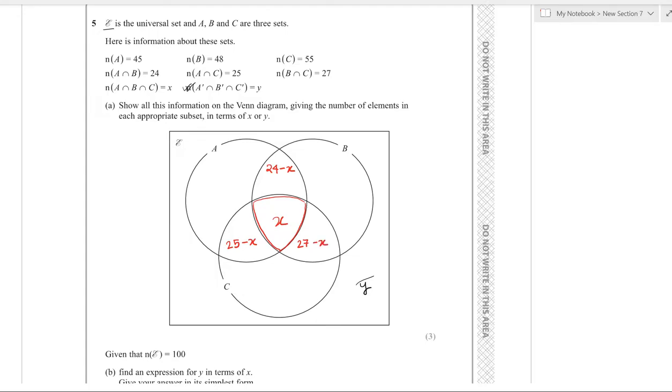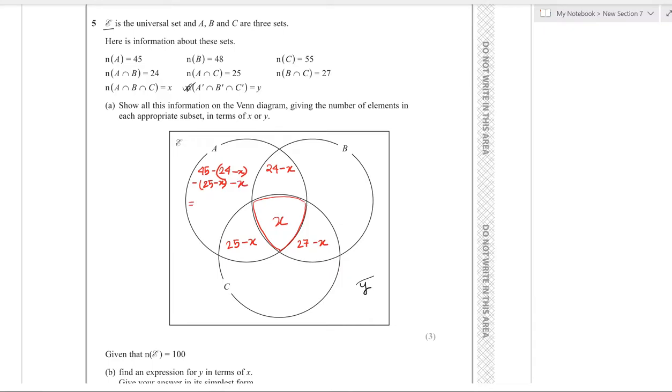And now moving to the number of elements that are only inside A, only inside B and only inside C. There will be no intersection, no other parts are related. So the number of elements that would be only inside A, that is 45 minus 24 minus X. You need to minus this part, and then you need to minus 25 minus X also, and then again this entire X at the center.